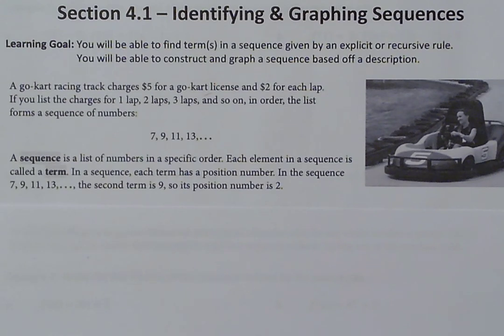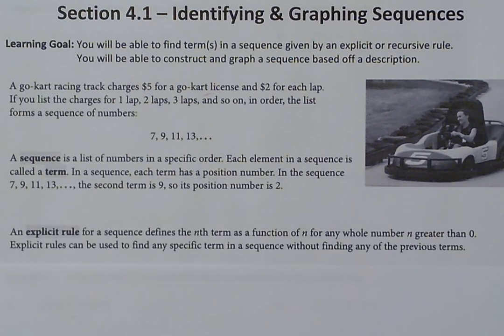All right, now before we jump into our first example, there is one last bit of stuff to talk about, and let's talk about what an explicit rule is. So an explicit rule for a sequence defines the nth term as a function of n for any whole number n greater than 0.